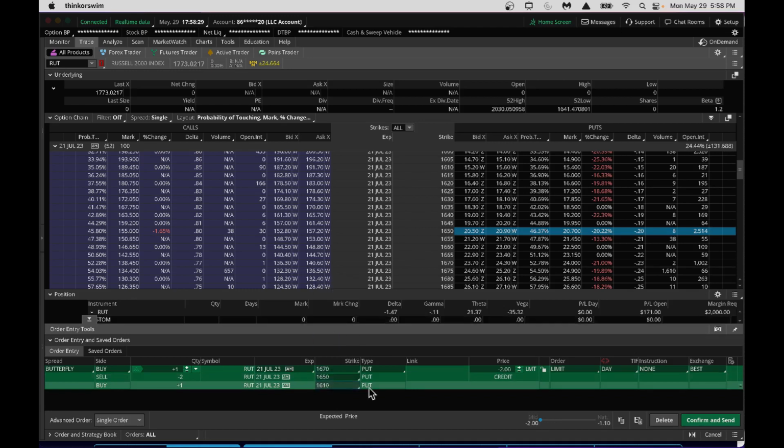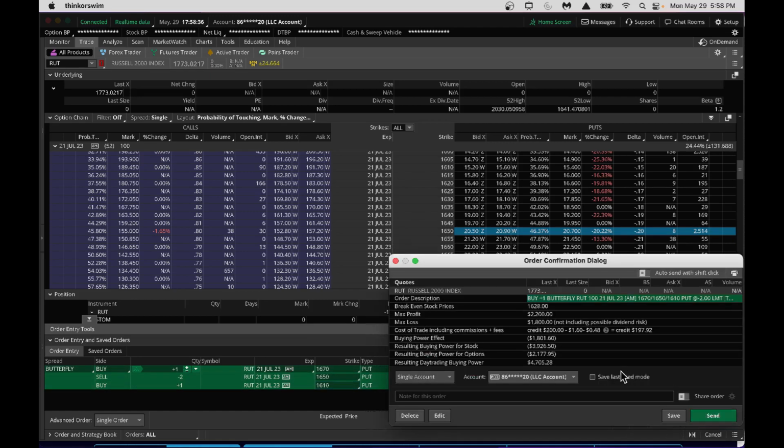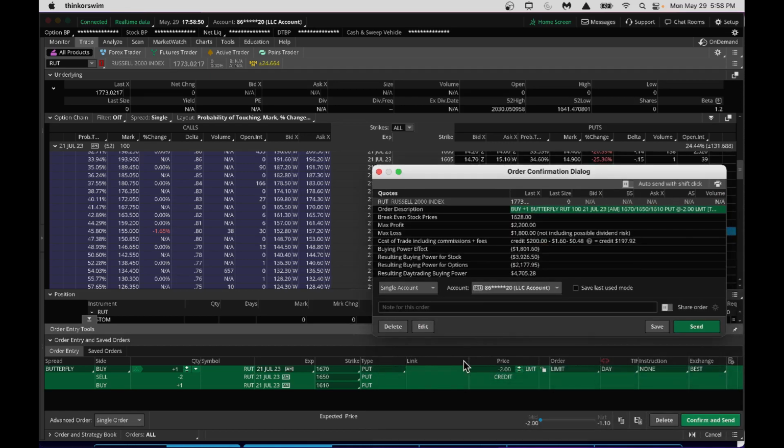Look, right now we are collecting $200. And if you confirm and send here, look, our buying power effect is 1801, which is great. And we are collecting, as you can see here, $2 out of the gate, which is $200.